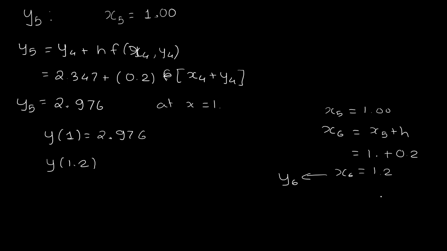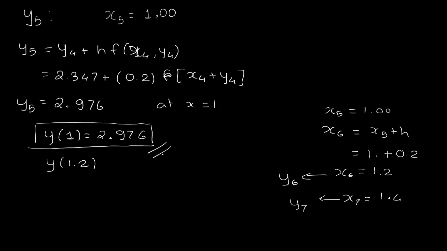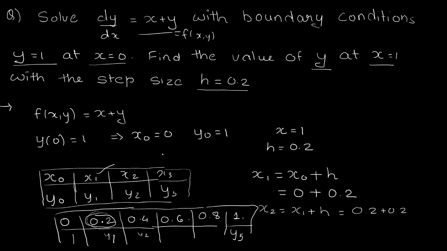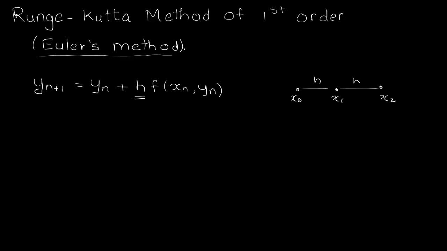If it was asking about 1.4, then it would have been x7, that means you have to go till y7. Now your question is just about finding y of 1, therefore you stop here and this becomes your final answer. So this is about the Runge-Kutta first order method, or you can also call this Euler's method.